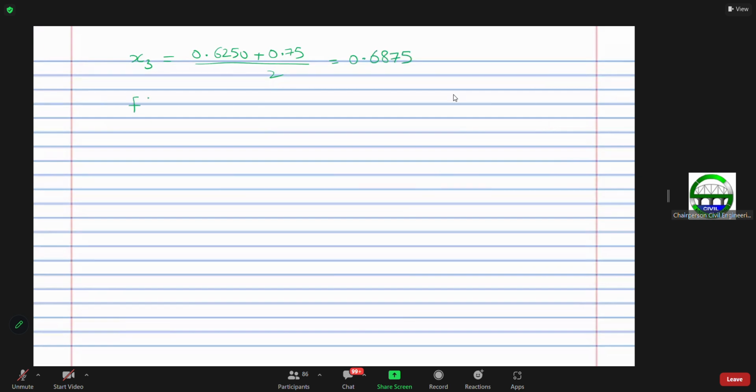So f of 0.6875 is equal to 0.6875 minus cos of 0.6875, which is equal to minus 0.0853.